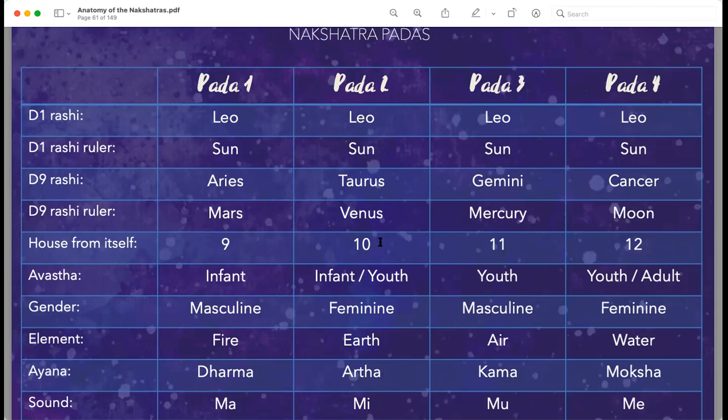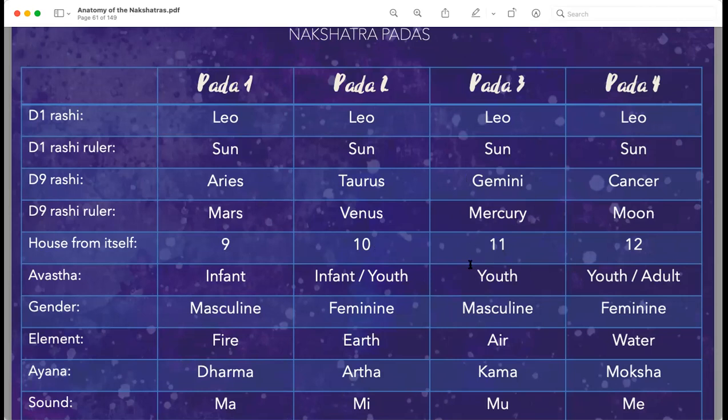When it goes 10 houses from it, it's a square, so there's still going to be some difficulties, but nonetheless it does elevate you in some ways to do with that planet or that sign or that house.